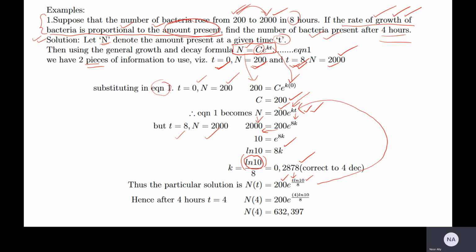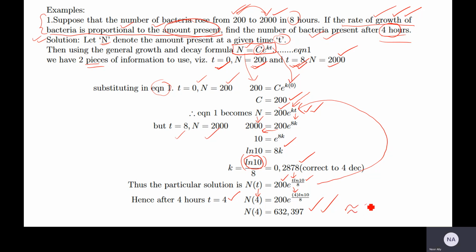What is the number of bacteria present after how many hours? 4 hours. Substitute t equal to 4. In other words, t of 4. Put my 4 in there. Do my calculation. And there's my answer, correct to 3 decimal places. So I get 632.397. Of course, we can round that off.